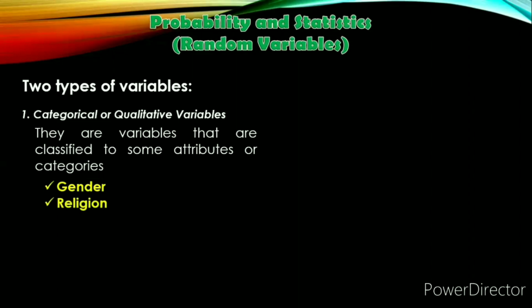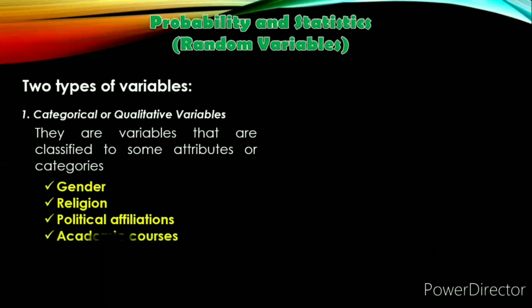There are many categories, many kinds of religions, names of religions. Another is political affiliations. There are many: congressman, president, vice president. So that's an example of categorical or qualitative variables.